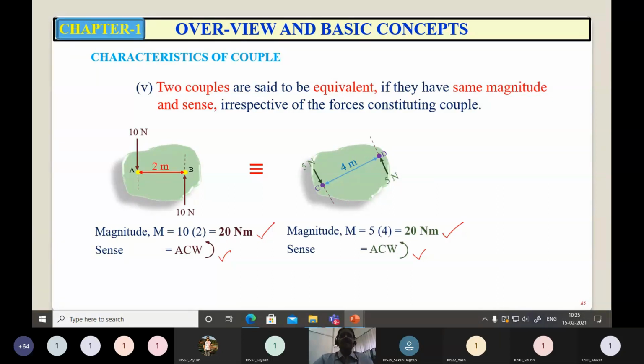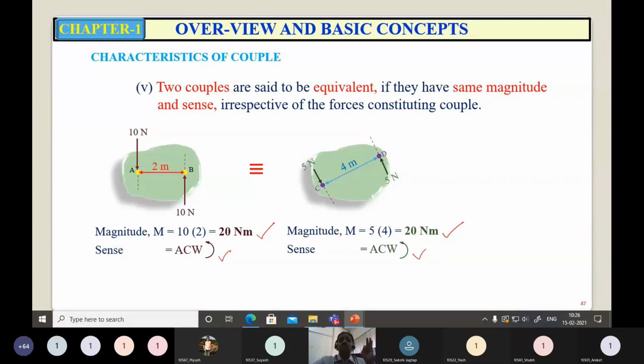Now what are the characteristics of a couple? A couple will always produce rotation. There is no translation. Why is it so? The resultant force of the couple in any direction is 0, therefore no translation. But the resultant moment of the couple is not equal to 0, therefore there is a rotation.